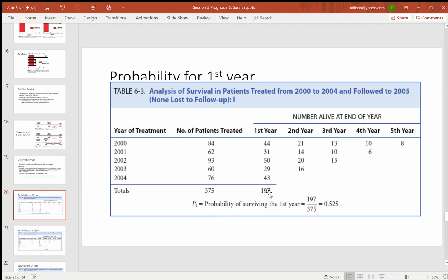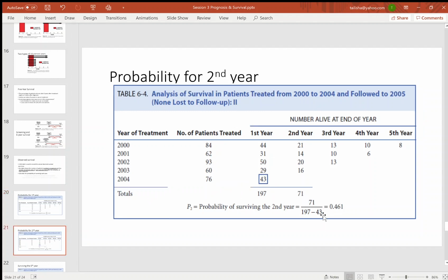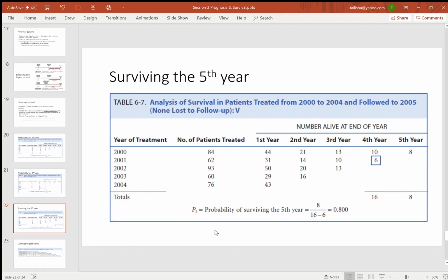So 197 minus the 43, which then your probability of surviving to the second year is reduced. And again and again. And you can see you can actually calculate the probability of surviving the 5th year, which is 0.8. So if you make it through to the 5th year, your probability of survival after that is pretty good.